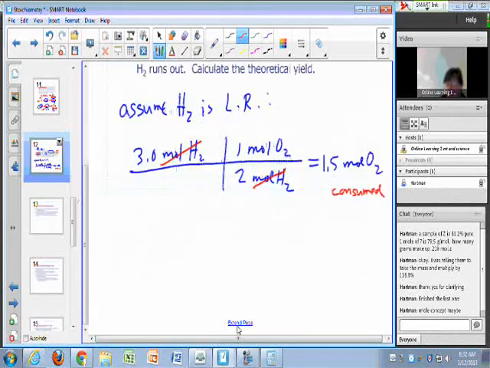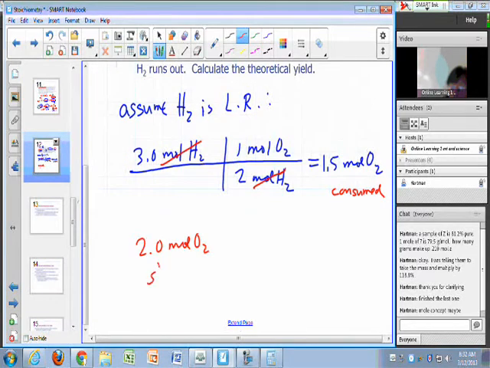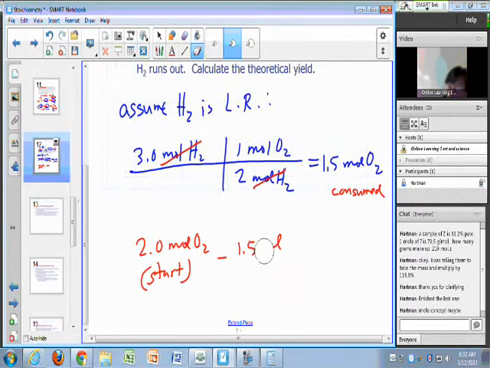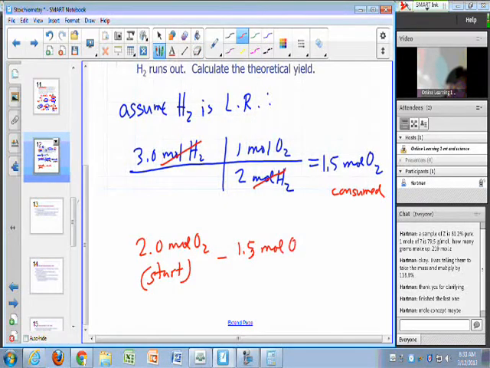So that means 2.0 moles O2 to start with, minus 1.5 moles of O2 consumed. That leaves us with 0.5 moles O2 unreacted.